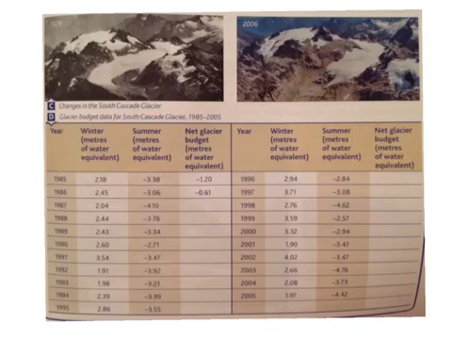If we look at the 2 photos here, they show how the South Cascade Glacier has changed between 1928 on the left-hand side and 2006 on the right. And this table down here, Table D, contains some statistics that illustrate the changes that have taken place in the glacier budget since 1985.